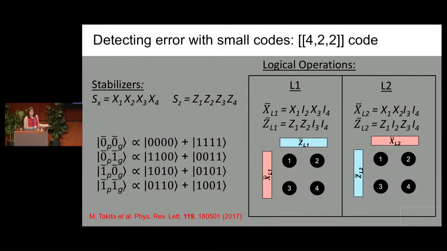The idea is that one of those 2 logical qubits could be prepared fault-tolerantly, but the other one is not. So, for example, for the logical 0,0 state, the little p is the protected qubit, and the other one is a gauge qubit. The protected qubit is the one that you could prepare fault-tolerantly. And these are the 2 stabilizers. And you could define all these logical bit flips and phase flips for each of the logical states.